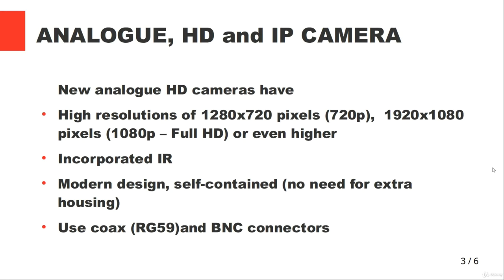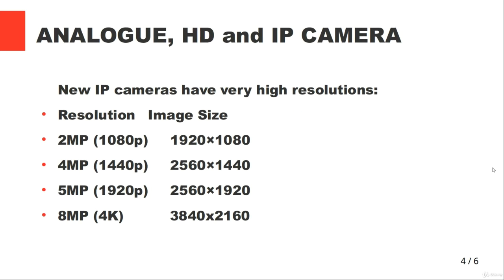We'll be talking later also about types of HD protocols, but most of them are analog. So there's a lot of data going through that RG59 coax cable, where obviously there's no encryption.